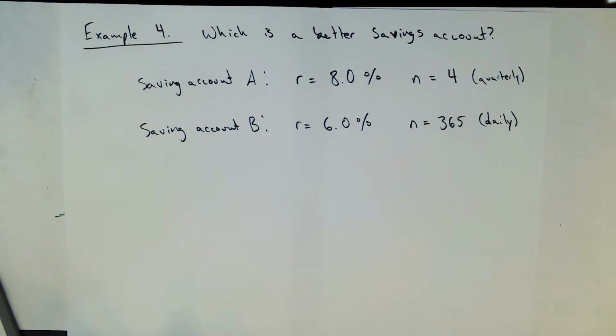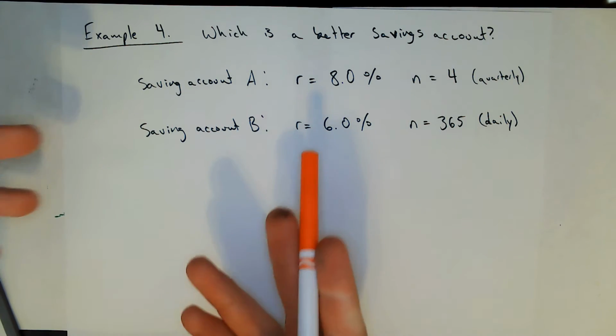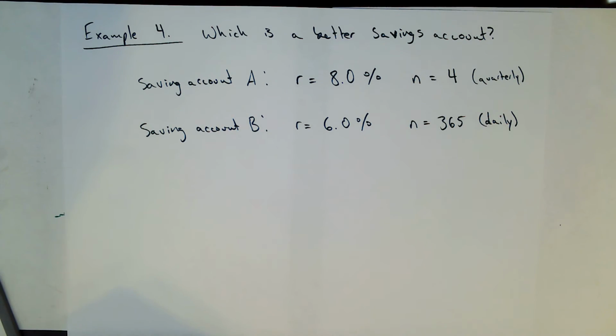But let's investigate. Let's make up a calculation here. So if I'm asking you this question, which is a better savings account, and I only give you this, that means you have to pick some principal and some time span to be able to compare these. If the principal and time is not given, then you have to make it up.